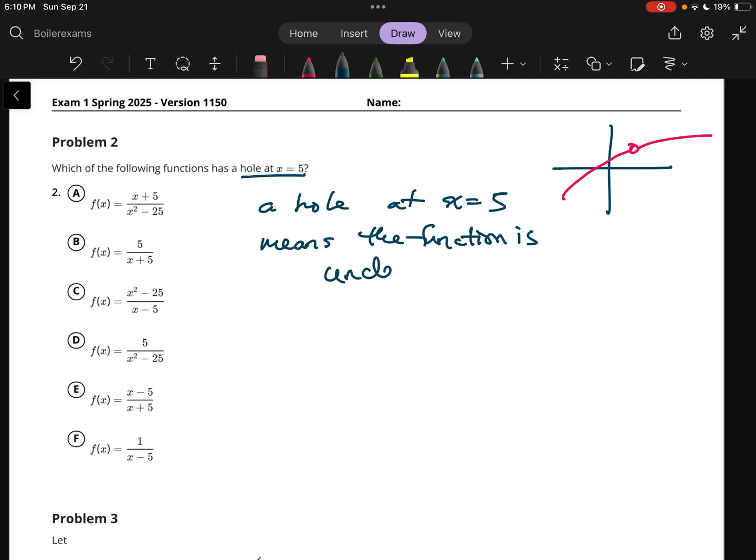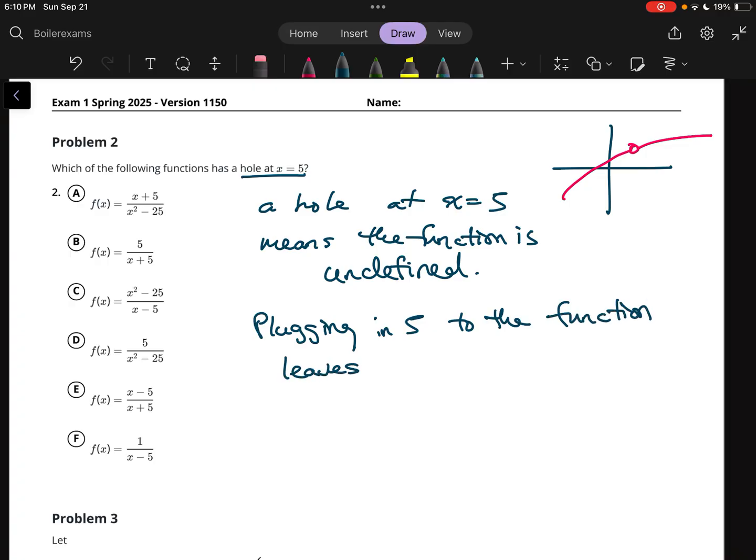And usually how this happens is plugging 5 into the function leaves 0 in the denominator.